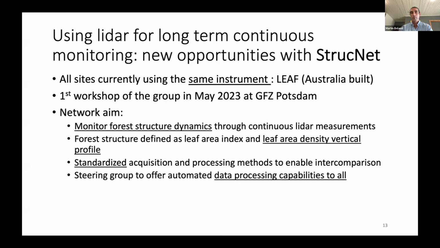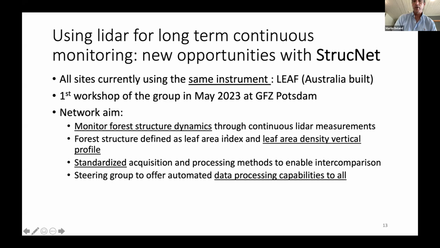We had a workshop last May to discuss how we're going to develop this initiative. So the goal is to monitor structure through continuous LiDAR measurement. And by continuous, we mean you can scan once a day, you can scan twice a day, every day. And the information you're deriving from there is leaf area index or leaf area density vertical profile.